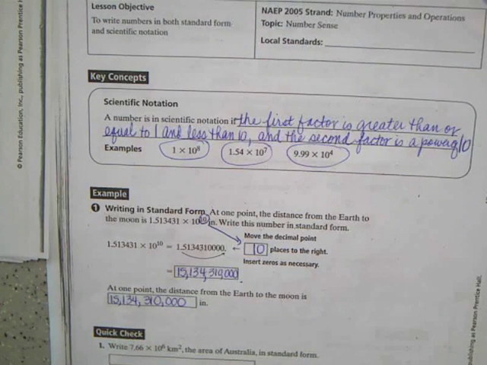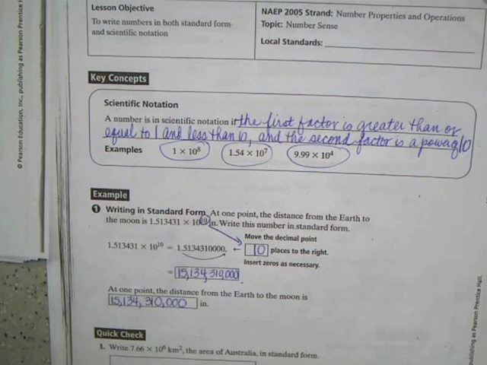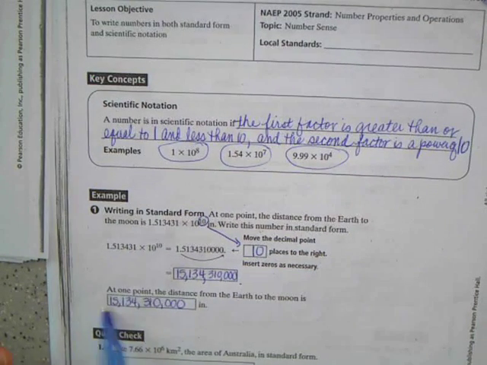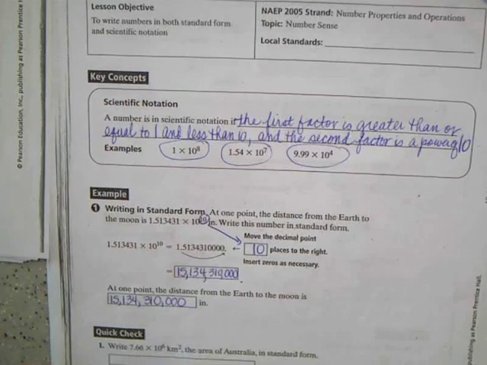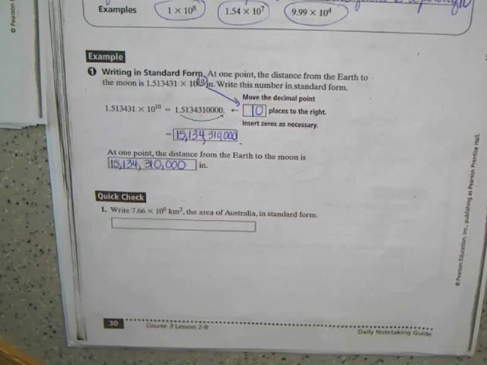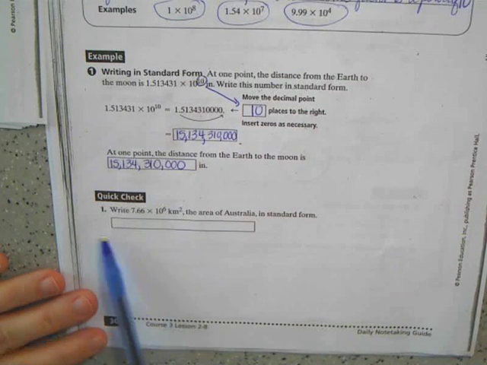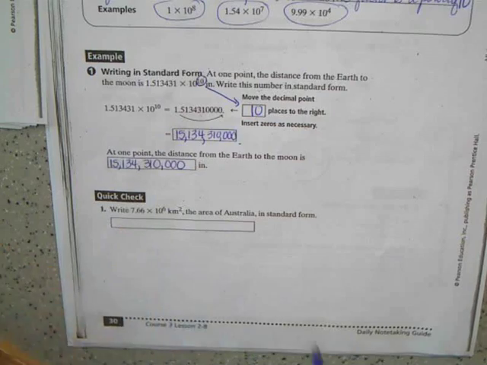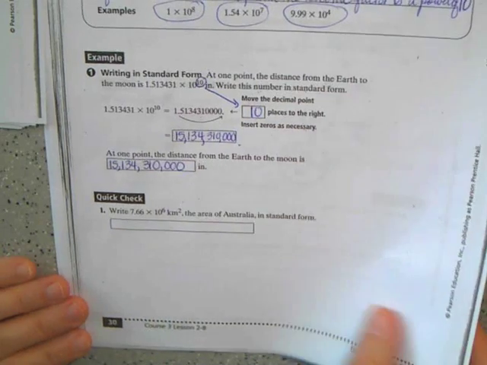If you had to keep using this number over and over again, say in a scientific paper, or really even your scientific calculator might not be able to display this many digits, then we could just write it in scientific notation and use it that way. Okay? All right, there is a quick check question for you to see that conversion there.